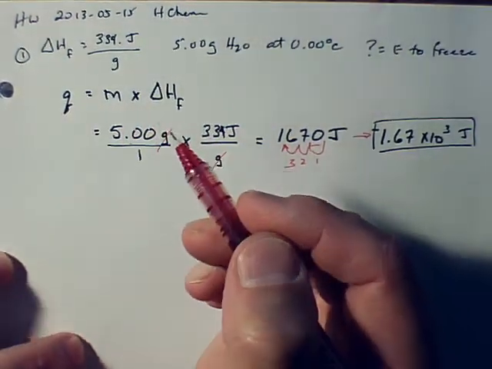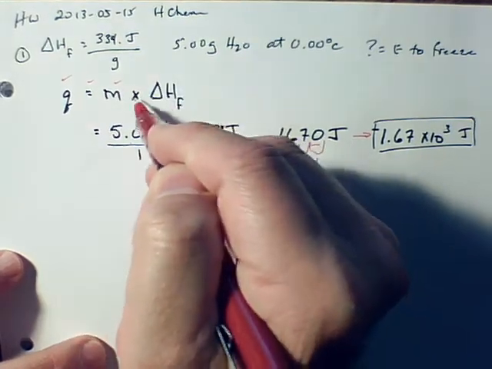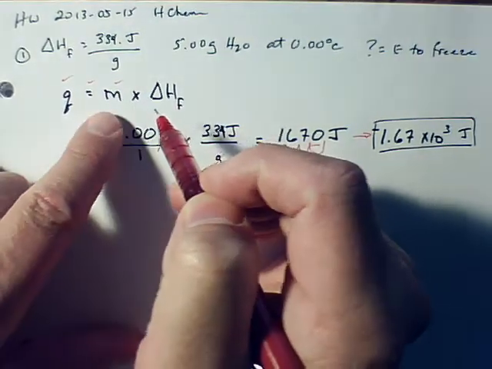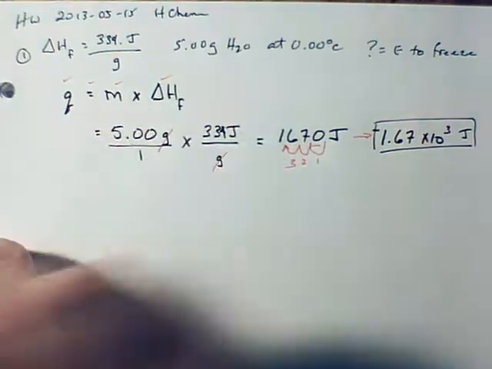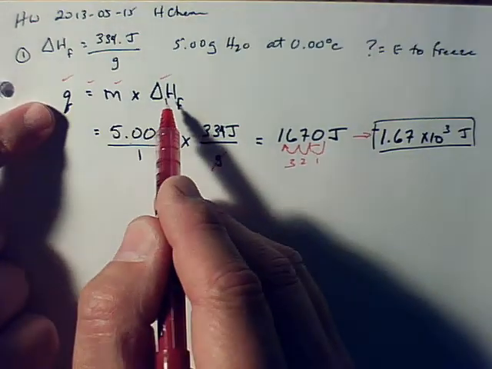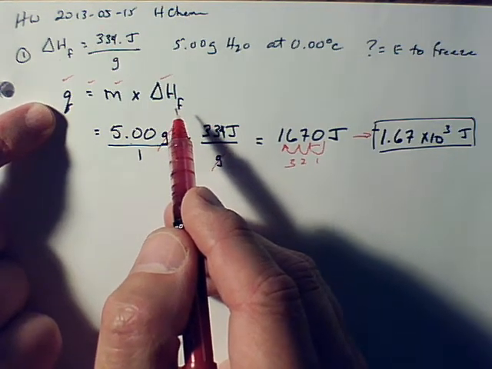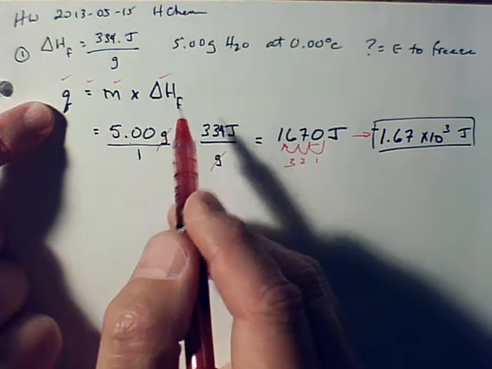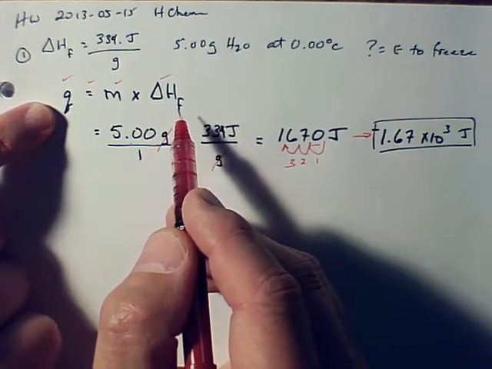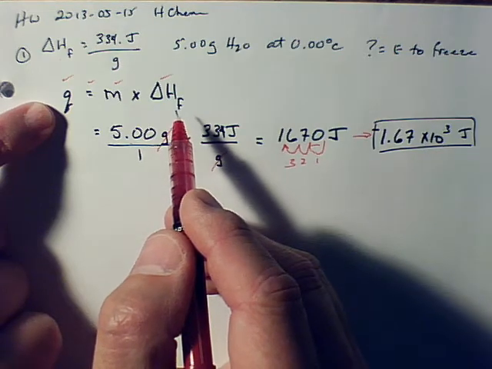All right. Now, as always, you need to show your equation. Q equals mass times delta H, and you really should say sub F, but I'm not going to count off if you don't have sub F. This time, though, you need to list the specific kind of enthalpy value you're looking for.